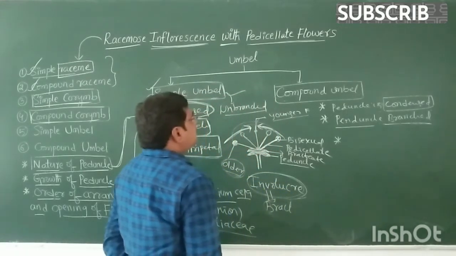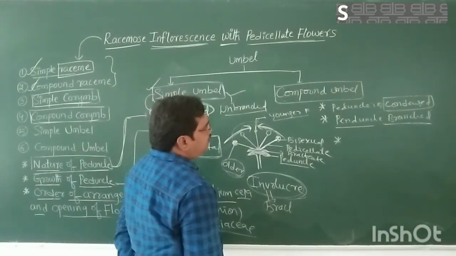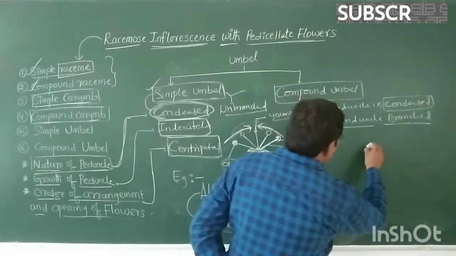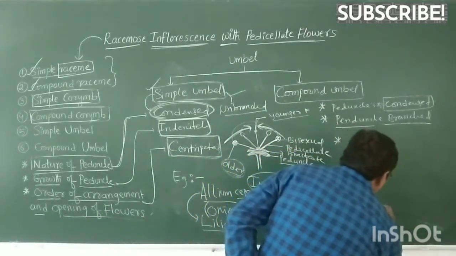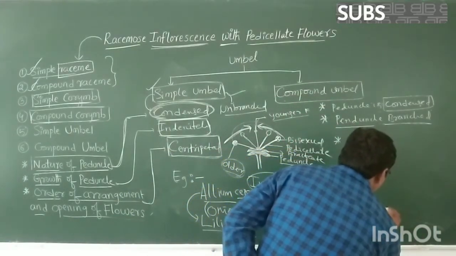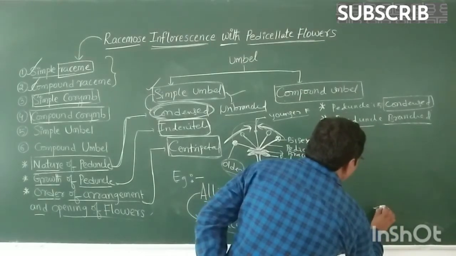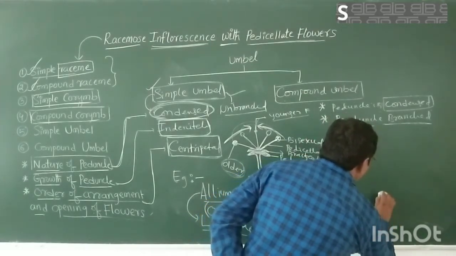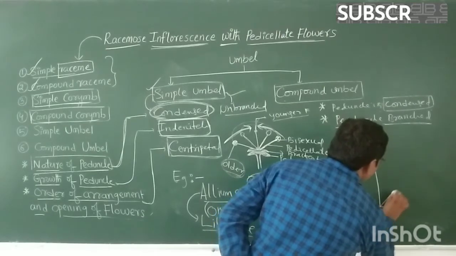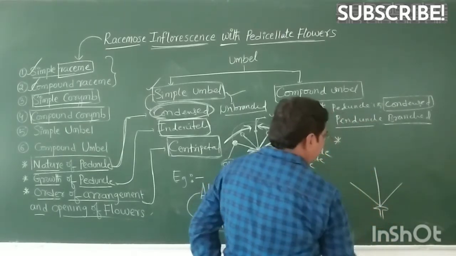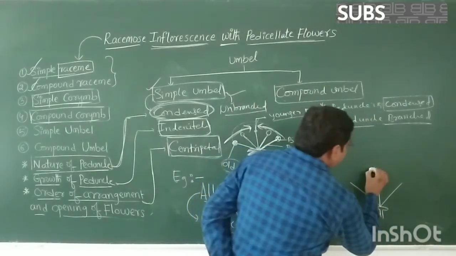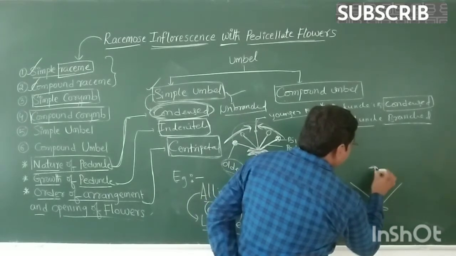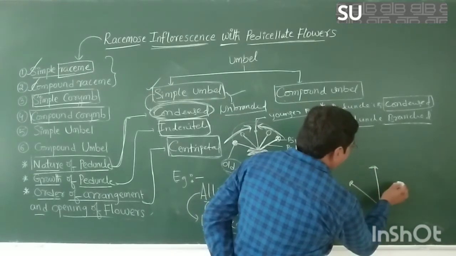So what is the structure of the compound umbel? See, this is the compound umbel. The peduncle is branched. Each branched peduncle resembles the simple umbel.